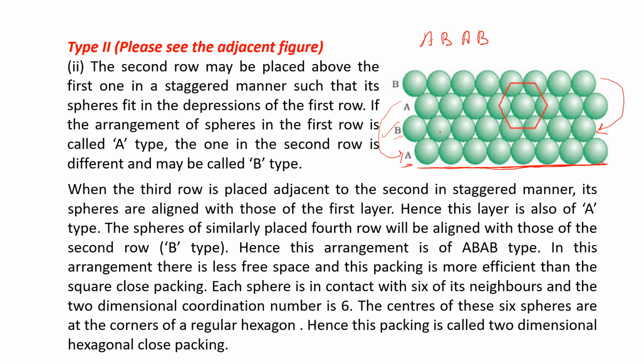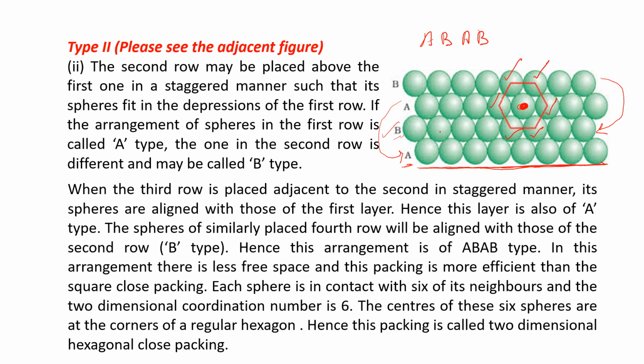Now take any one atom in this arrangement. Let us take this atom. This atom is touched by 6 neighboring atoms. This is the first, second, third, fourth, fifth and sixth.